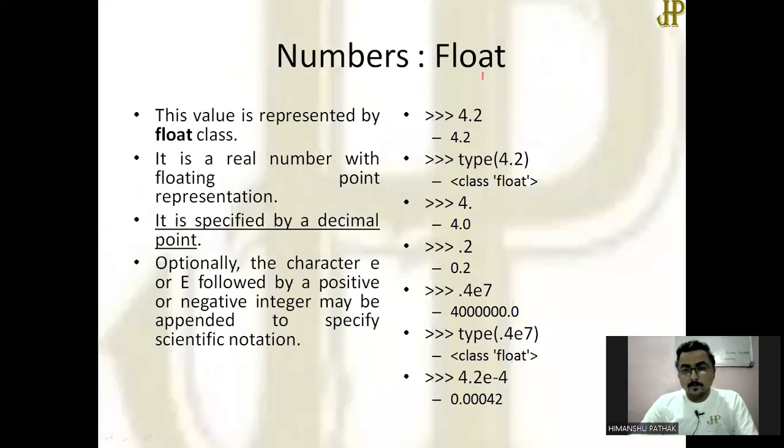Now I'm going to discuss floating point numbers. Whenever you use a fractional value like 4.2, it will become an object of class float. It is a real number with floating point representation, which means a decimal point.